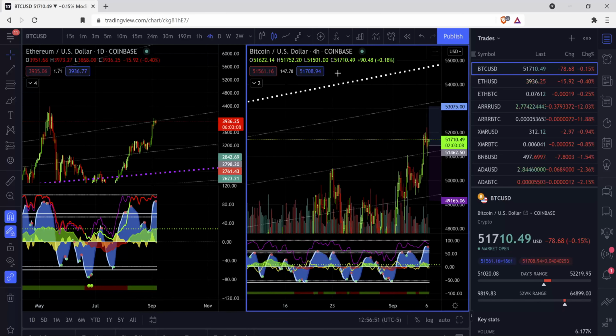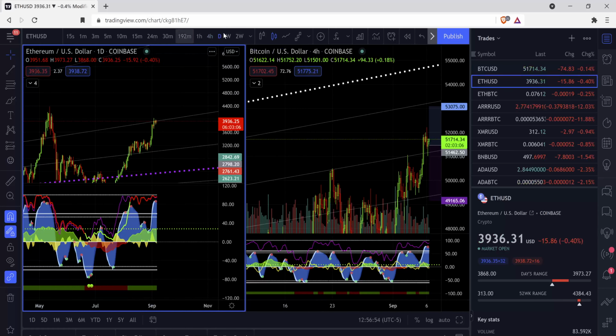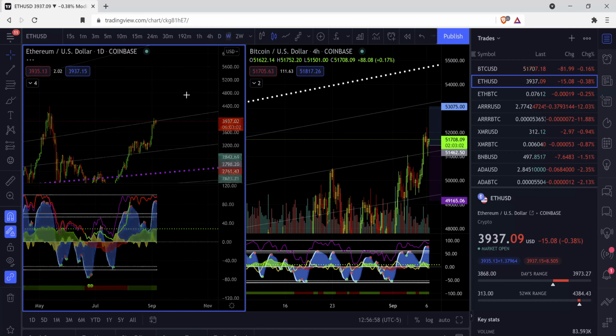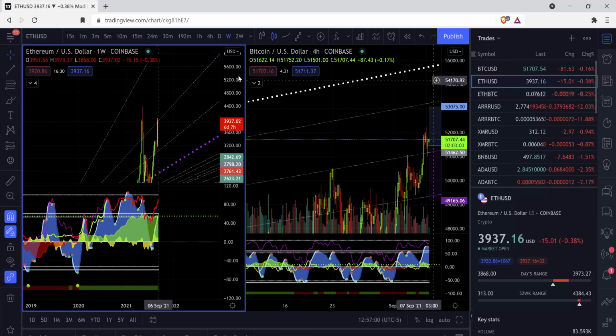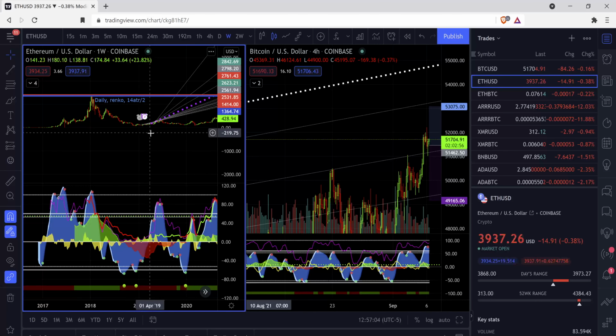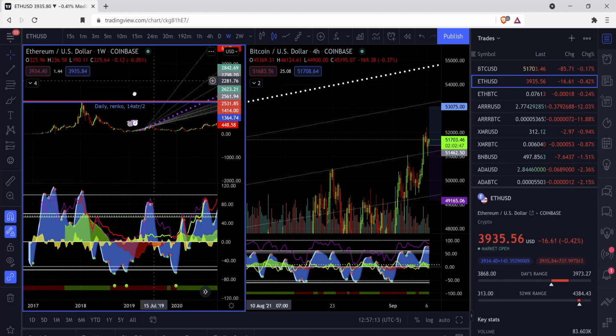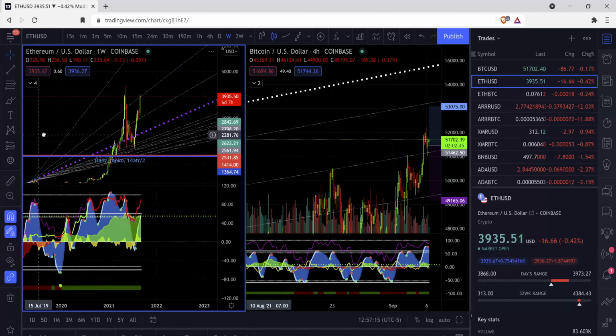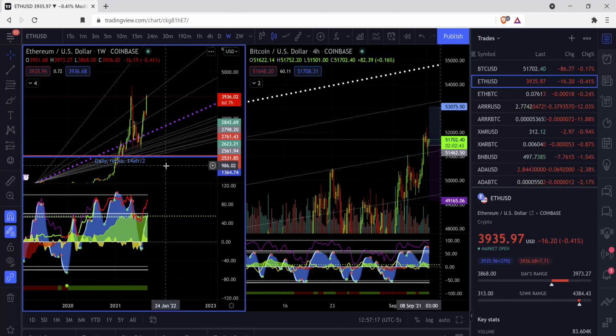These are drawn from well in the past. I think mine's from January of 2019. Yeah, drawn down from April 2019. So we have January through May-ish 2019 radiating up and out, and these are on weekly as well.